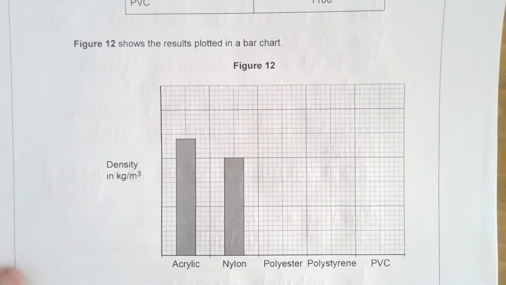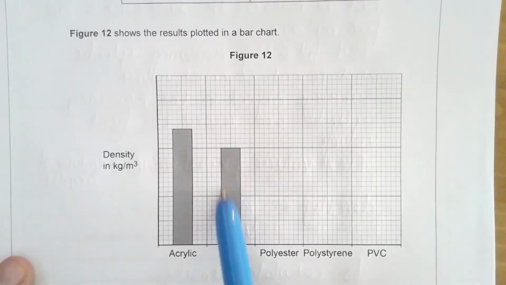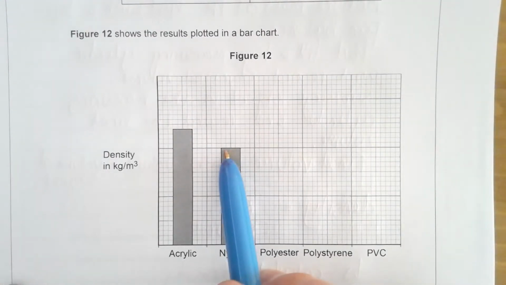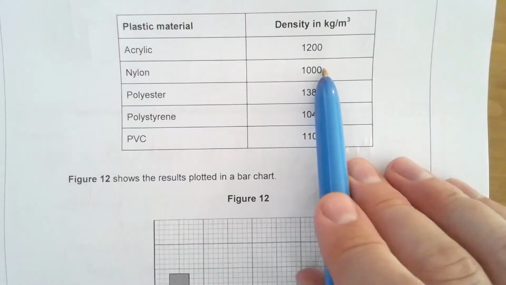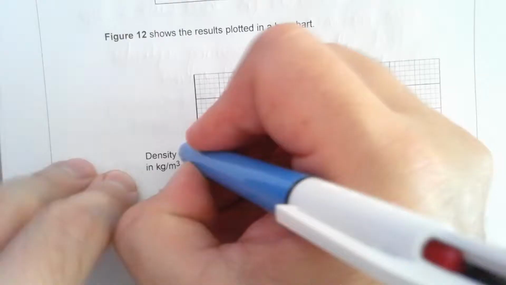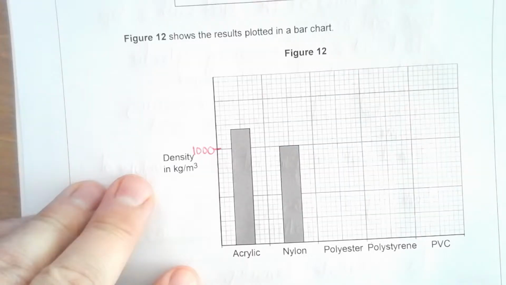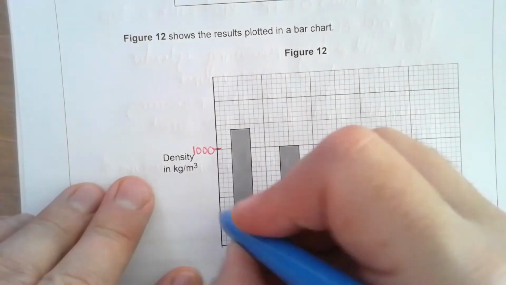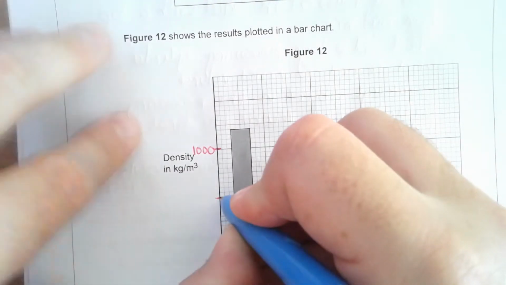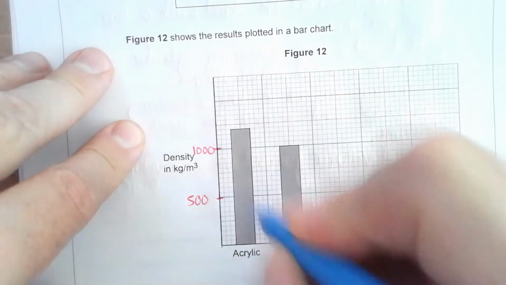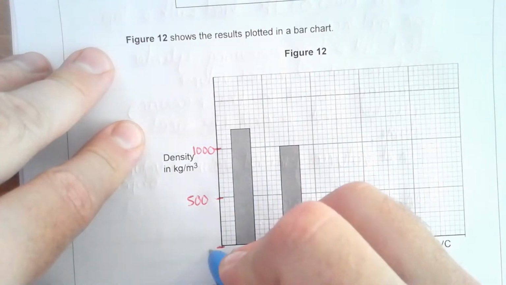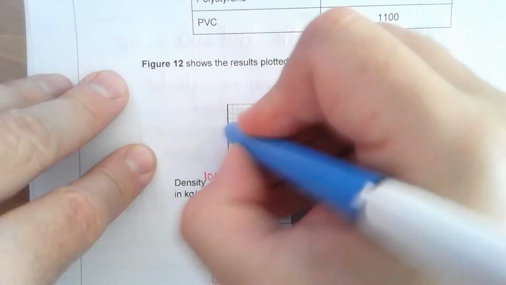So if I have a look here, nylon goes up to the second big division there, and if I look at nylon, that is 1000. So that tells me that this must be 1000. That suggests that this will be 500, and we're starting down at 0. That making this one up here 1500.